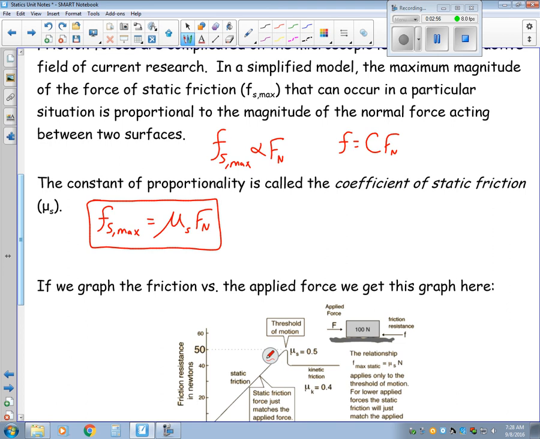Now, if we do just a little bit of math, we see that the coefficient is a ratio of the static friction to the normal force. And because this is a ratio, it is unitless. So mu will always be unitless because it's a ratio.